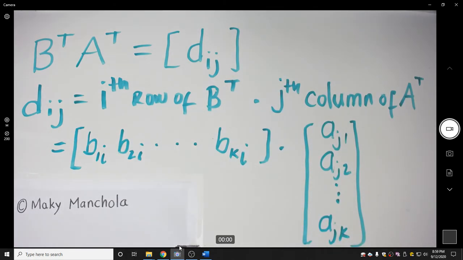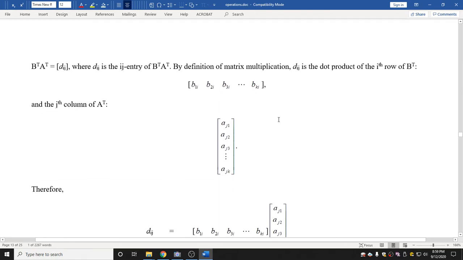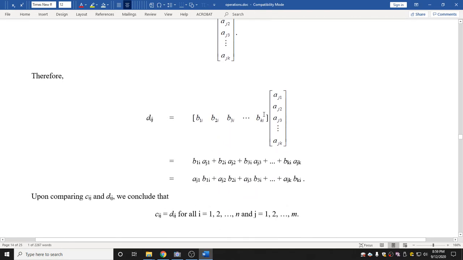Okay, so let's compute that dot product. We get B1i times Aj1 plus B2i Aj2 plus B3i Aj3 plus, and so on, up until Bki times Ajk.